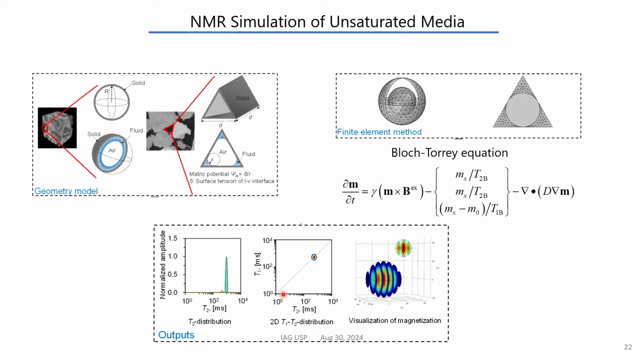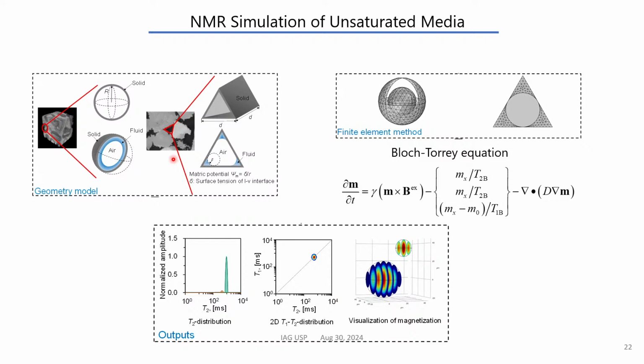So our recent work is to use this numerical simulation, as I introduced earlier, to start from a pore structure, either an idealized one or the real one, and to use a finite element method to solve this Bloch-Torrey equation, in order to understand the magnetization distribution in space and to calculate the NMR response. So this is one of my PhD students' first chapter of the PhD.